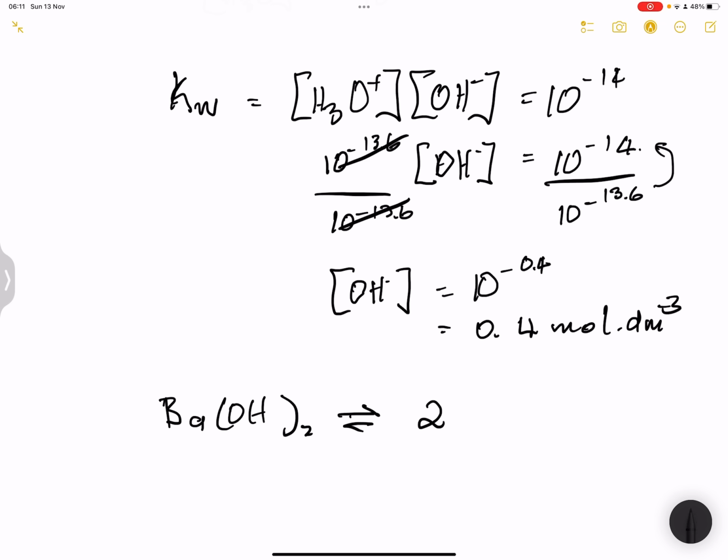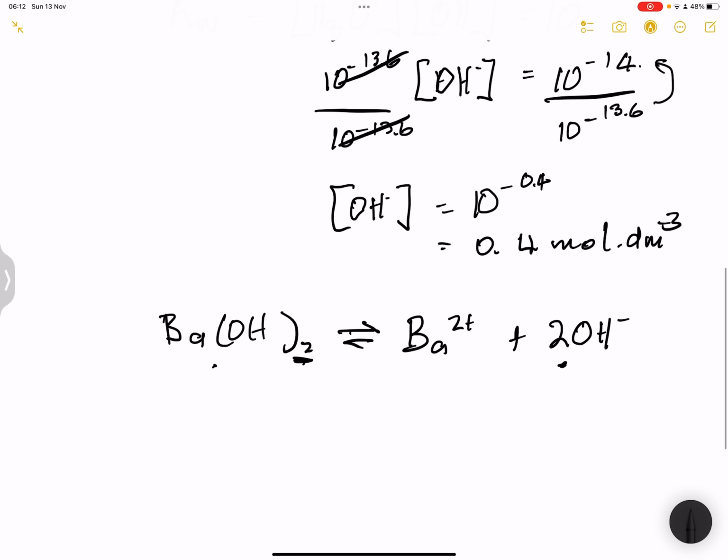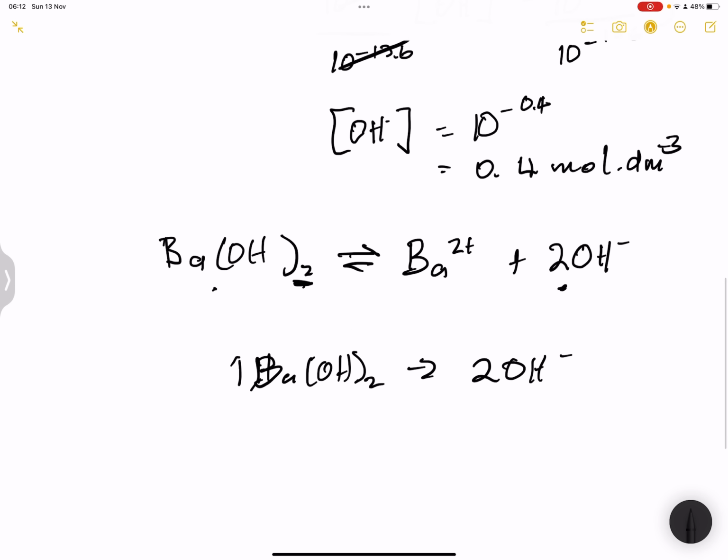So for every one barium hydroxide there are 2 hydroxide ions.